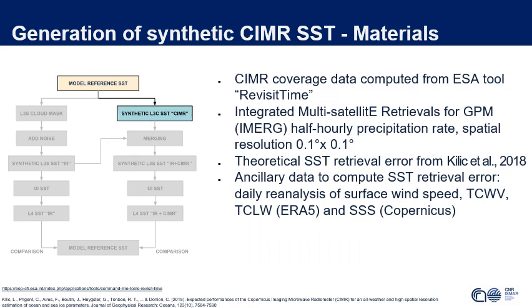The materials used for the generation of the synthetic CIMR SST are coverage data derived from an ESA tool, precipitation data from the ISMAR dataset, and the theoretical SST retrieval error from Kilic et al.